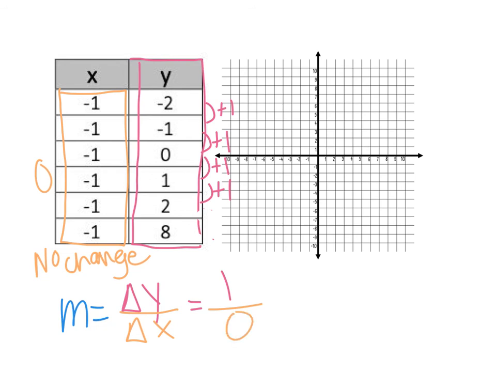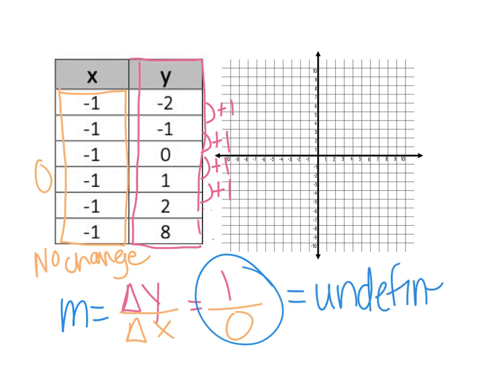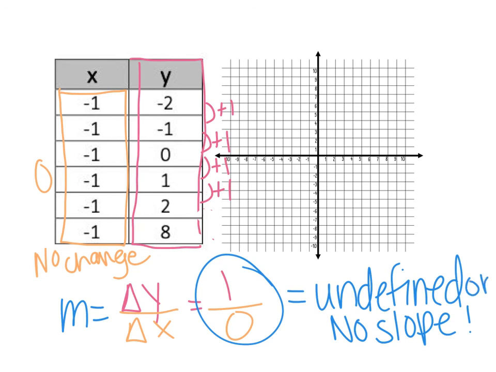Well, remember, you're not allowed to divide by 0. This is when you get an error message in your calculator in math, you're not supposed to divide by 0. So that means this is undefined. And you could say no slope. It's not the same as 0 slope, but no slope or undefined.